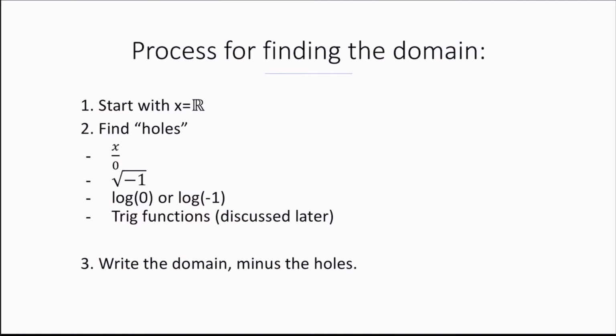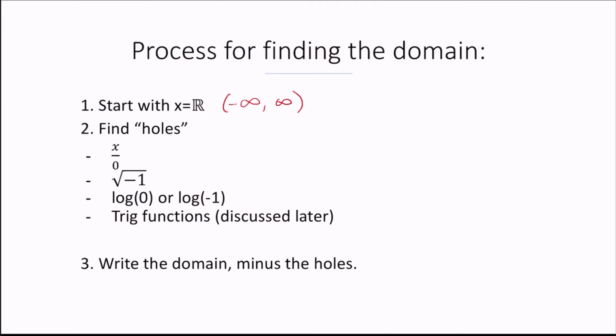Our process for finding the domain in general is that we start by assuming that x equals all real numbers from negative infinity to positive infinity. And then we're going to find the things that x can't be.